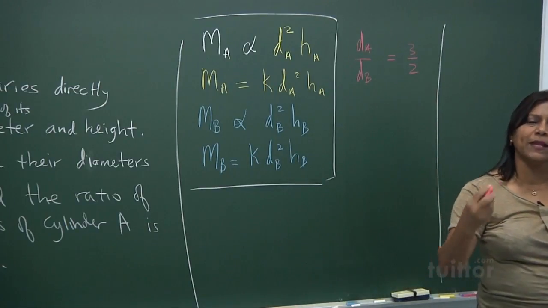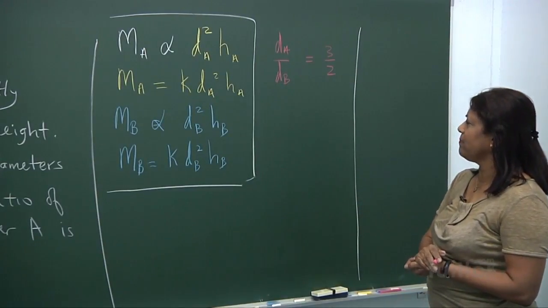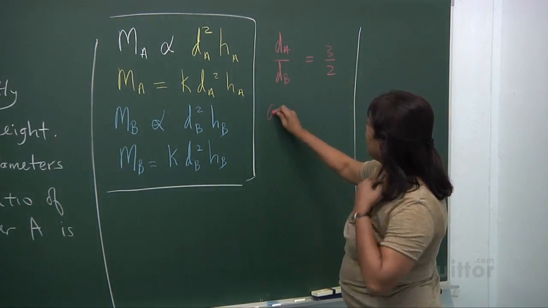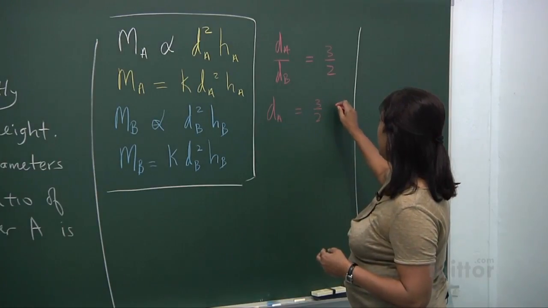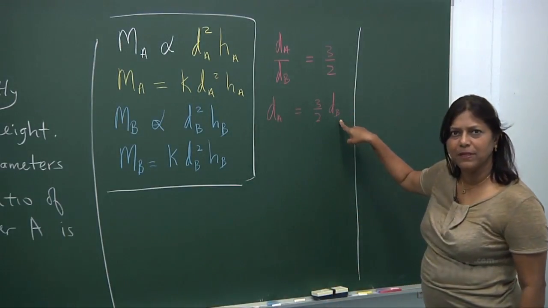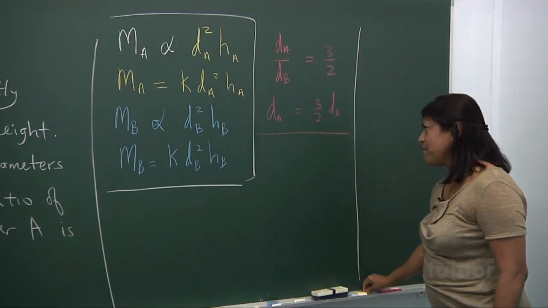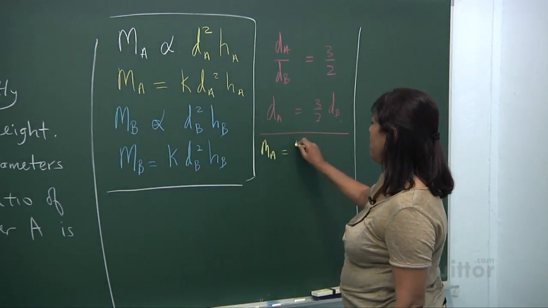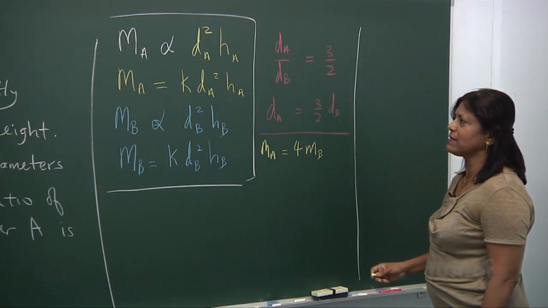Now when you put a ratio, you put it as a fraction, diameter of A to diameter of B. We're given that, so we can say diameter of A is 3/2 of dB, 1.5 times the diameter of B. So this is another ratio. And we're also given that the mass of A is 4 times the mass of B.